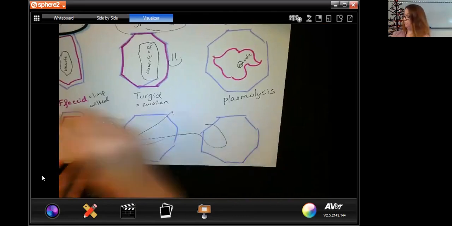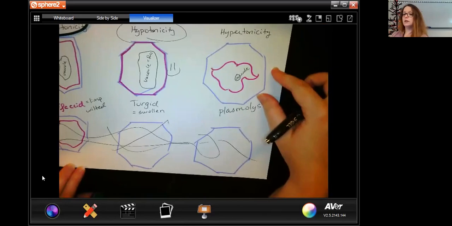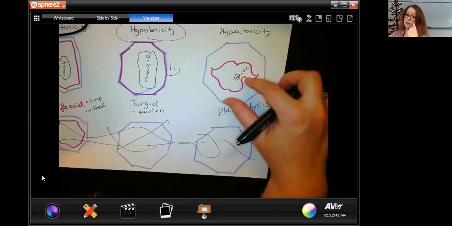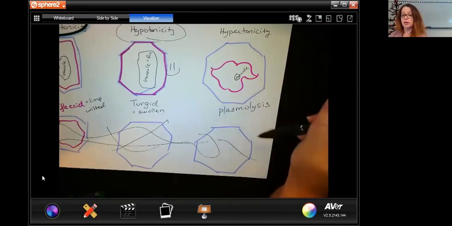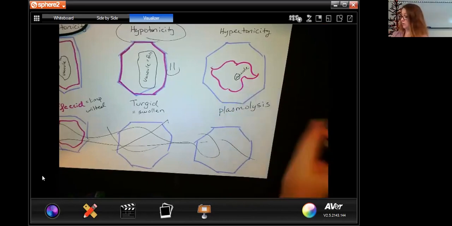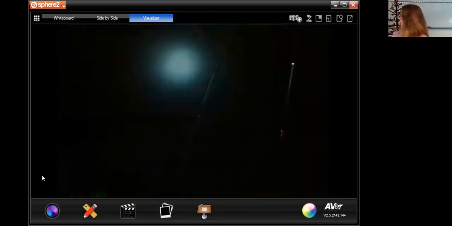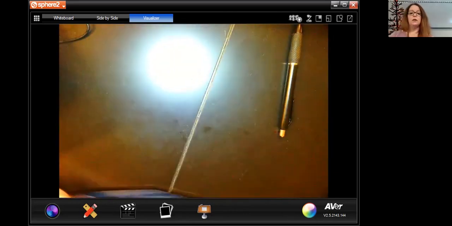The cell cannot survive in this environment. It wilts, but then it also dies because there is no life functioning happening in hypertonicity.